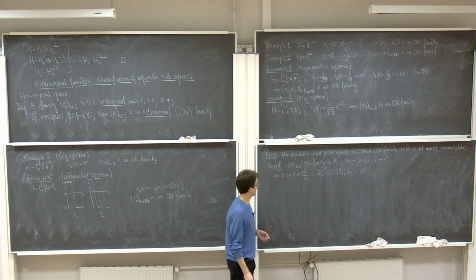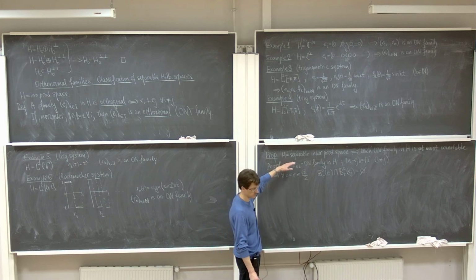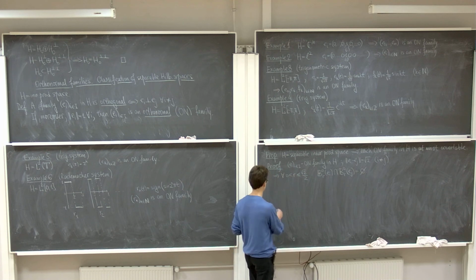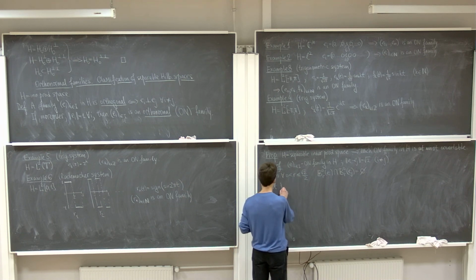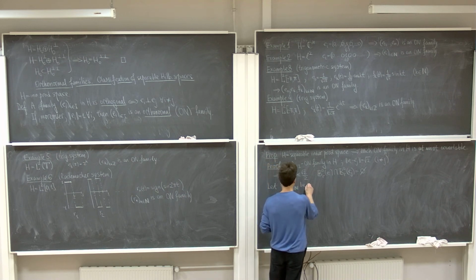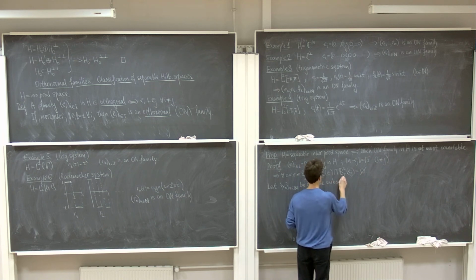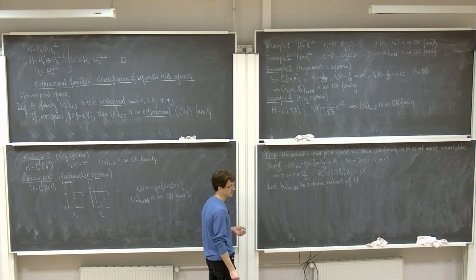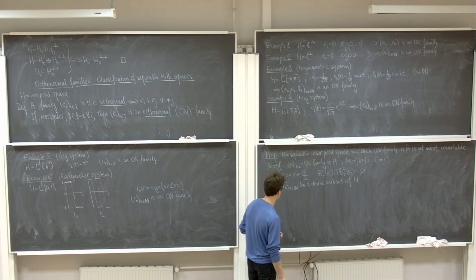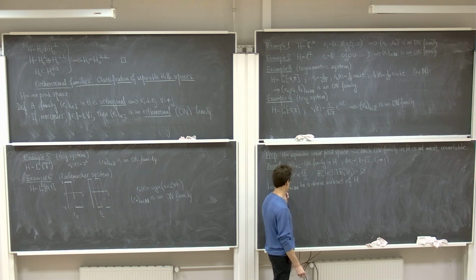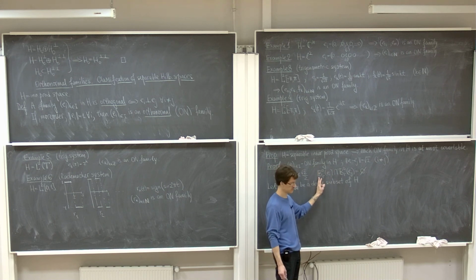Okay, now H is separable, so we can always find a countable dense subset. So let Xn, where n runs over natural numbers, be a countable dense subset of H. Well, since it is dense, it has a non-empty intersection with each non-empty open set, and in particular with each ball of this form.